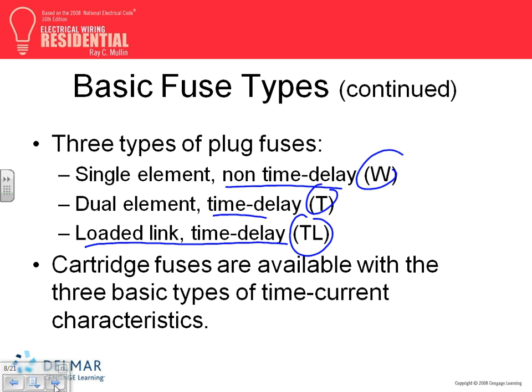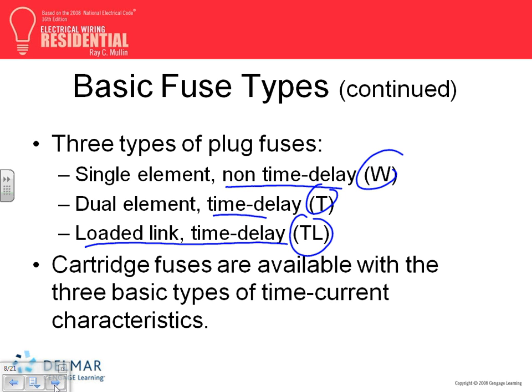But if it's a dual element time delay fuse, you can actually multiply by 1.75. No problem. Why? Because I see 10 times more current coming out of these cables. A time delay fuse will sit and basically count almost 10 seconds before it melts. A non-time delay fuse opens right on the spot.